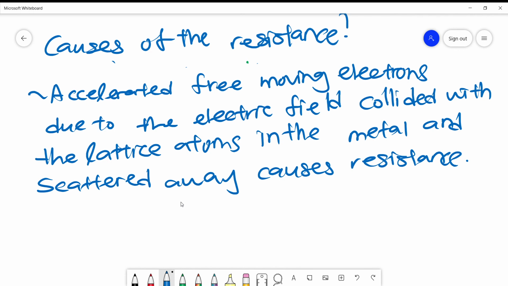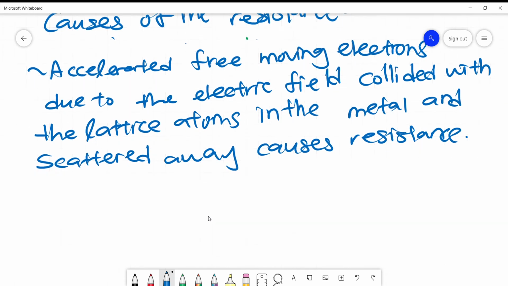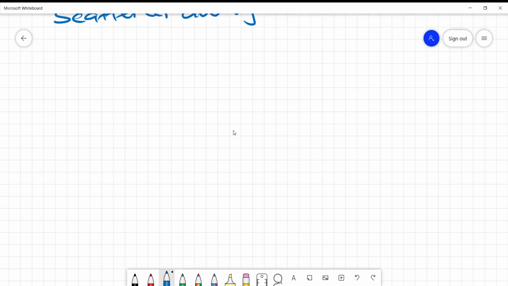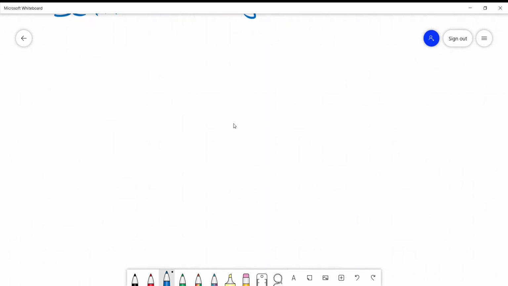The transfer of energy from the electrons to the lattice atoms means heat energy will be transferred from one end to another. The heat energy transfer will cause the temperature of the wire to increase. So this is all the explanation. Alright, let's move on.